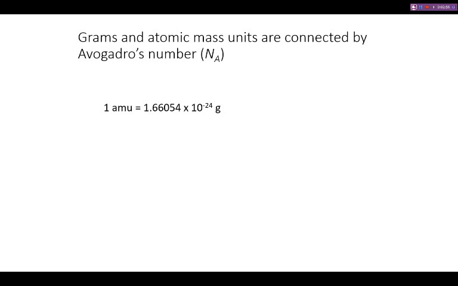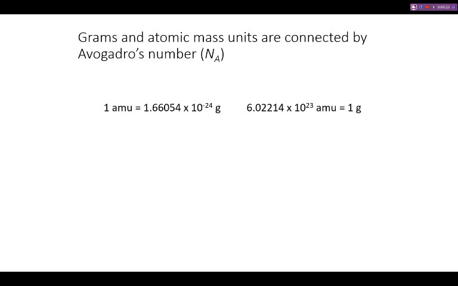So we talked a little while ago about AMU, the atomic mass unit, and how this is involved with atomic weights. And it has an equivalent mass in terms of grams. If we inverse this relationship, we can solve for 1 gram, and we see that 1 gram is equal to 6.022 times 10 to the 23 AMU. And that number hopefully is a little bit familiar.